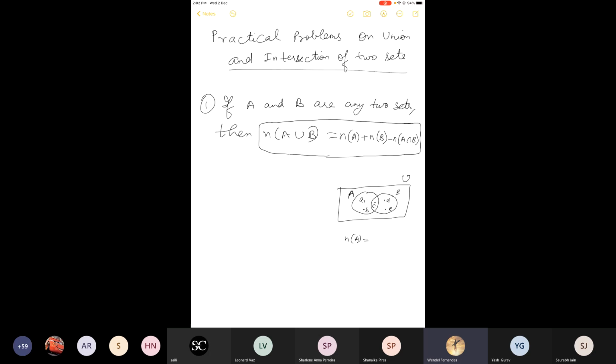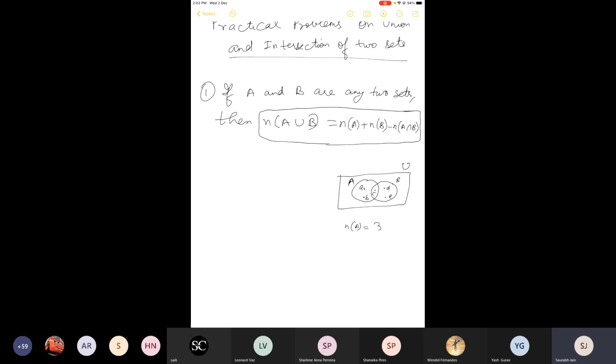3. A, B, C. Yes, 3. I'm not asking the values of the elements, I'm asking the number of elements. So they are A, B, and C. That means 3 elements. This is n(A). Now what about n(B)? N(B) has how many elements? Once again 3.